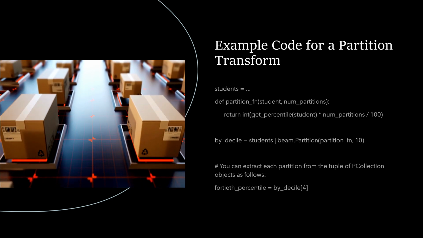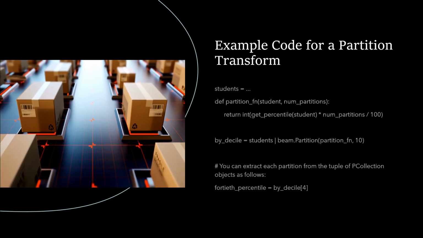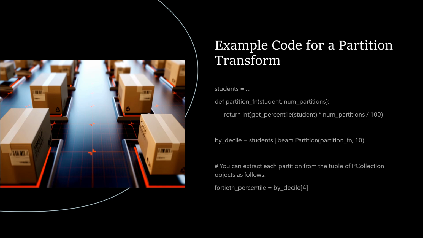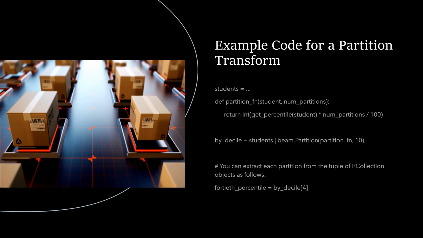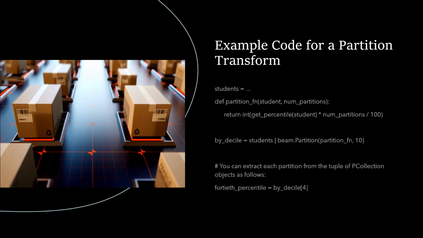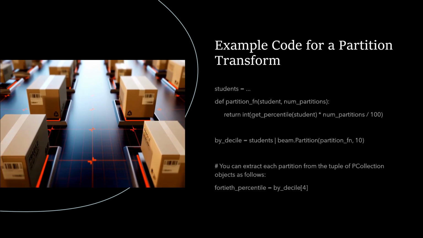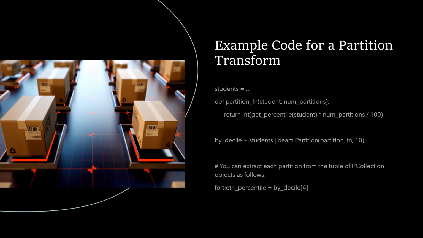Inside the pipeline options, we will provide an integer value that represents the number of result partitions and a partitioning function, which we've defined above. This will return a tuple of PCollection objects containing each of the resulting partitions as individual PCollection objects. In this way, we have split up our single PCollection students into a fixed number of smaller collections.